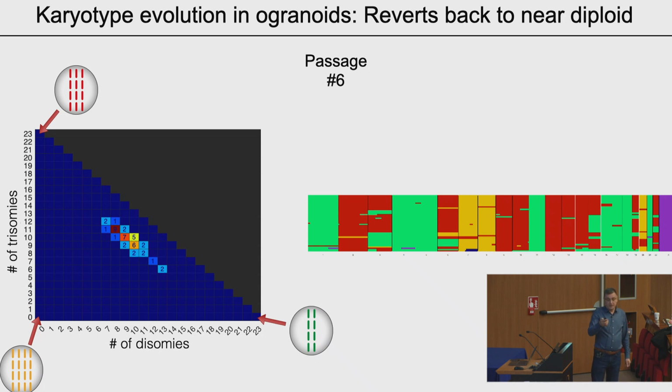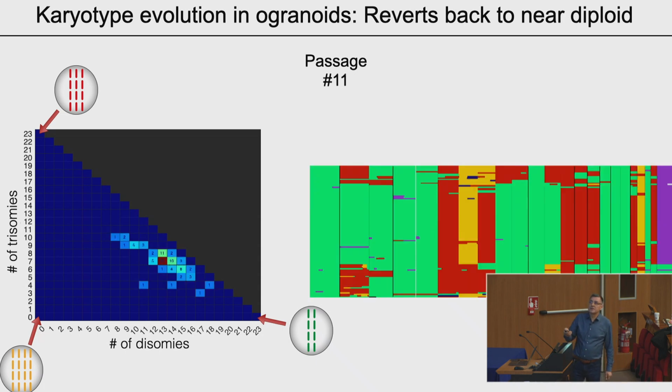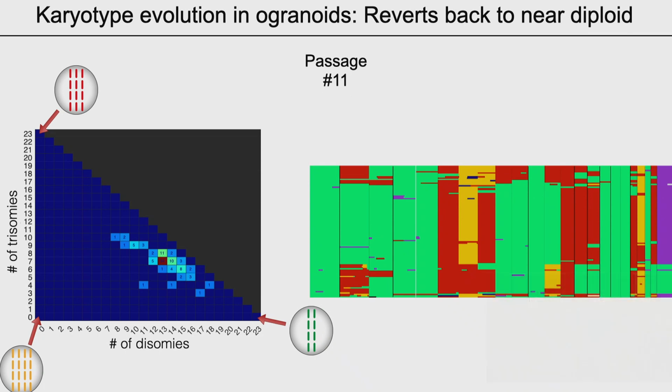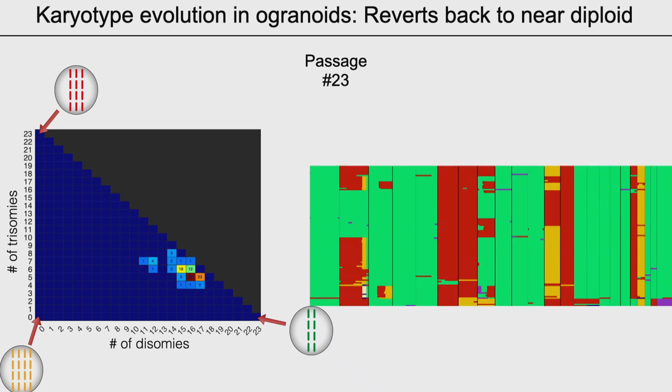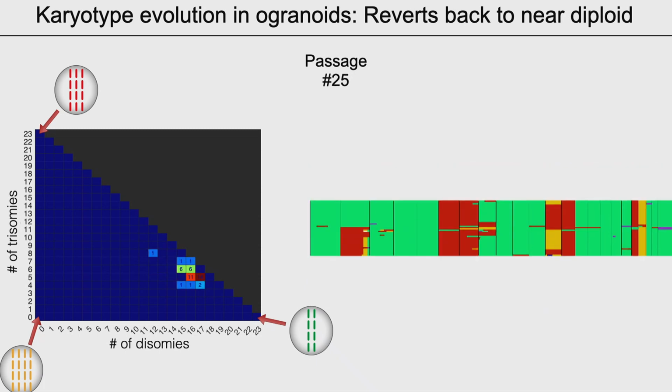Of course, if we now check what happens in time, so how this karyotype evolves, you can see that this cloud moves now in this direction. And if you go more and more in time, you can nicely see that it converges somewhere towards near diploid state.